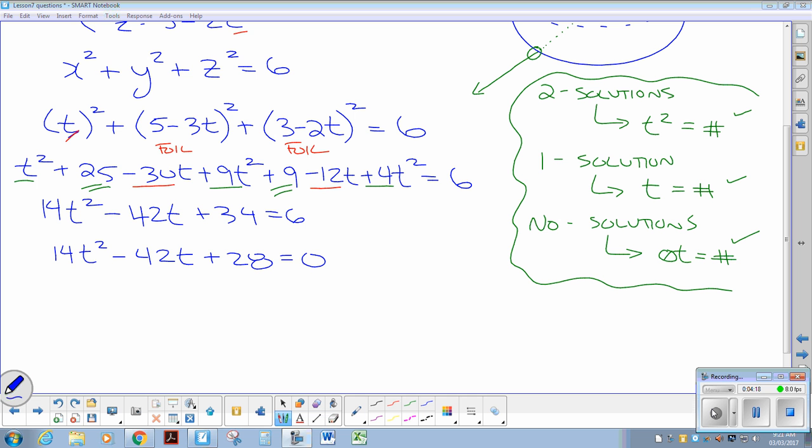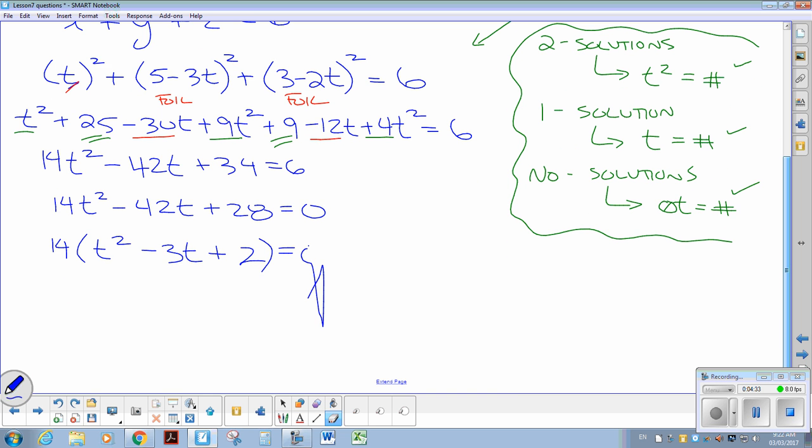So now I'm going to do a common factor, just to make things a little bit easier here. So I'm going to pull a 14 out. T squared minus 3t plus 2. That's equal to 0. Oops, hang on, smartboard's gone crazy. Okay.